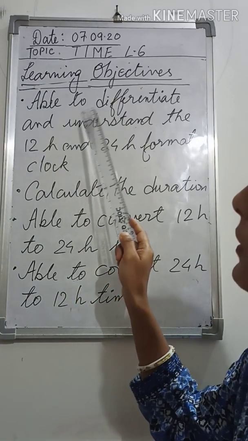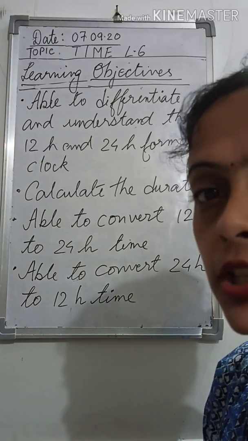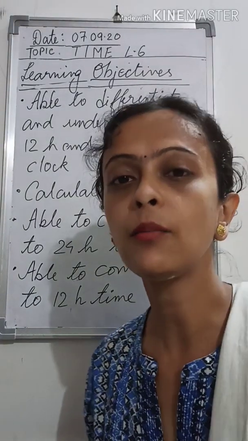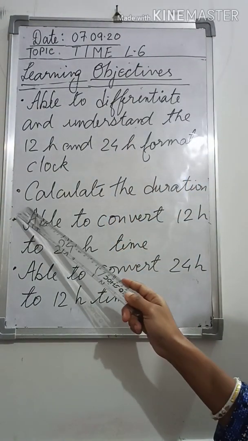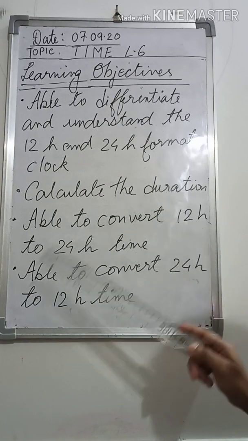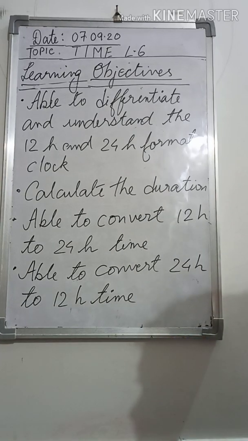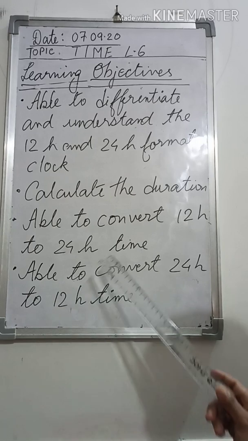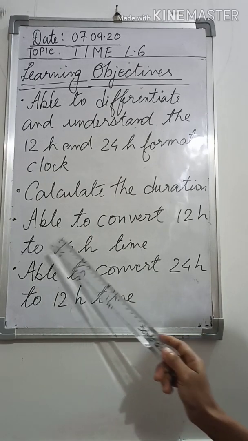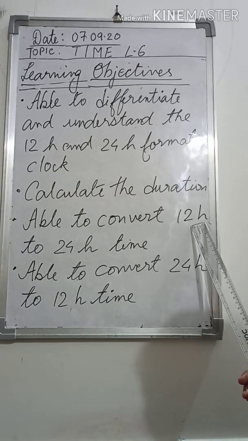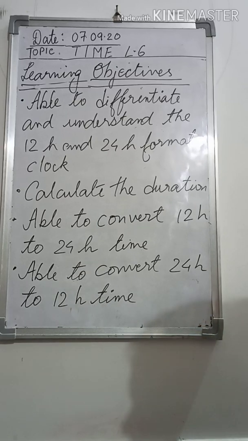We will be able to differentiate and read out the time also. The second objective is to calculate the duration, to find the duration between the starting and the ending activity. The third objective is to convert 12-hour to 24-hour timings, and if we are given 24-hour timings, convert to 12-hour timings.